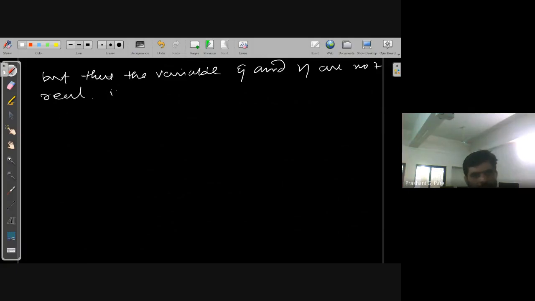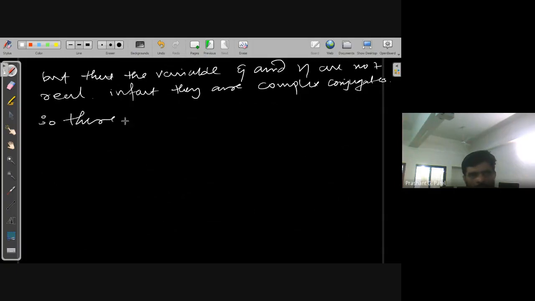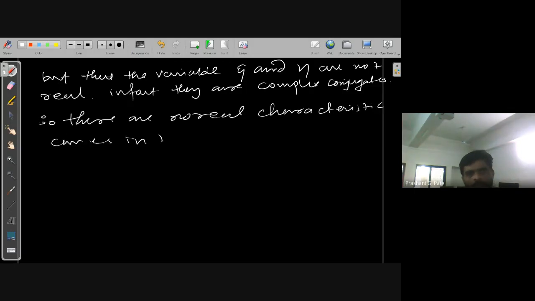In fact, they are complex conjugates of each other, because the roots are always in complex conjugate. Therefore, there are no real characteristic curves in this case.